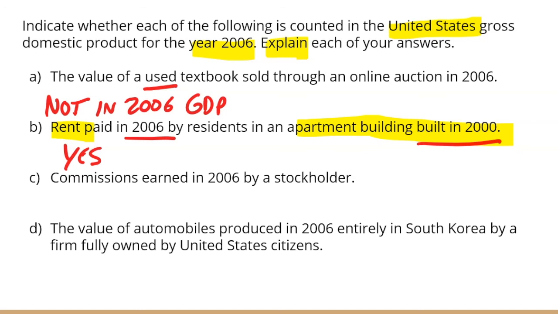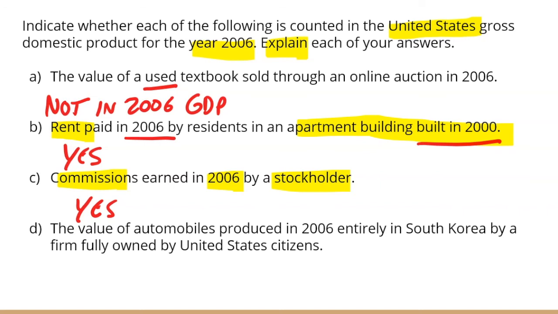C, commissions earned in 2006 by a stockholder. So I think a lot of you are going to put no here, but the correct answer is yes. This is included in the GDP. If the question said the sale of a bond or the sale of a stock in 2006, then you're right. This would not count towards the GDP.